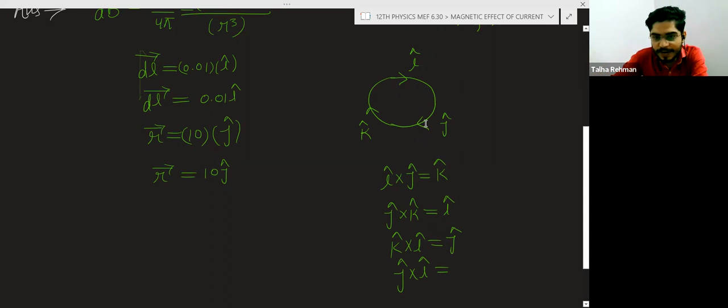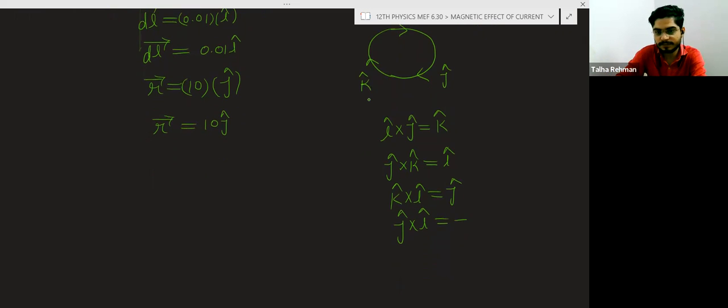So if you want to find J cross K, then you will move like this. J cross K, the next vector will be I. So J cross K will be I. But whenever you have to go in the backward direction, always just you want to find J cross I now. So you have to move from J to I and to K. Means this time you are moving in the opposite direction. So this time you will take minus K vector. This thing is very, very important.